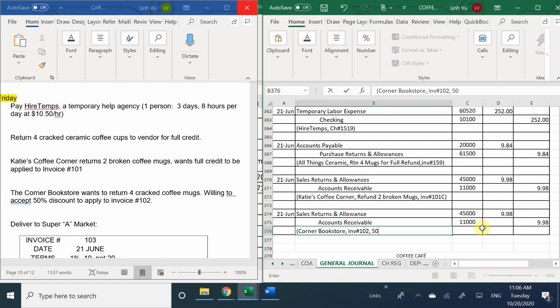So you have to put a C, you see? I'm just referring to the previous ones where we have the C, credit. Good, for mugs.